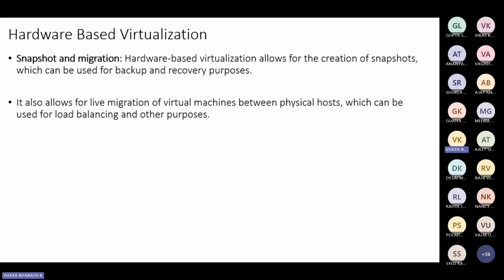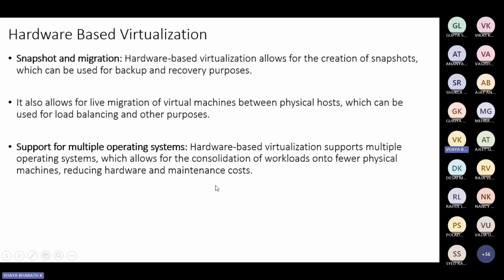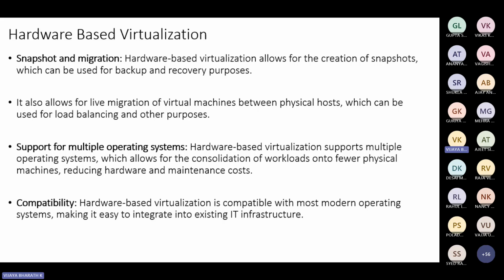Let's say your VM is running on a physical host and you can directly lift and shift that VM from that host to a new host. And then this supports multiple operating systems, which allows consolidation of workloads on fewer machines, reducing hardware and maintenance cost.